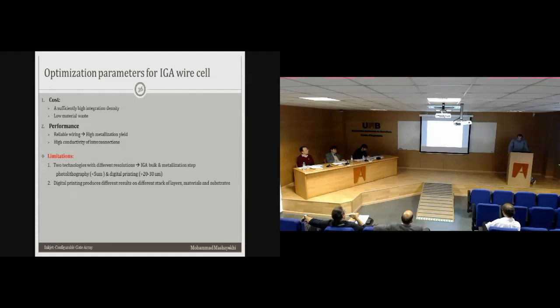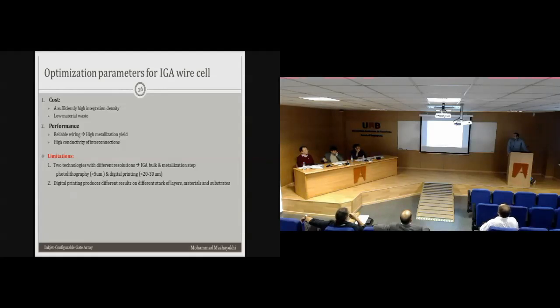So what are the limitations for that? Because we are talking about complex processes like photolithography for the bulk and lower complexity processes like digital printing, like inkjet for the metallization step, there is a huge gap between the resolution of these two techniques. Photolithography processes can provide less than 5 micron or even nanometer feature sizes.